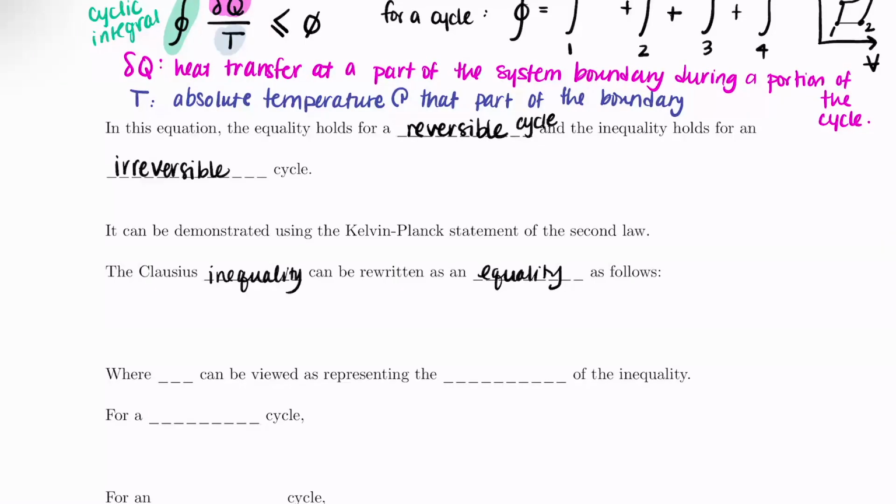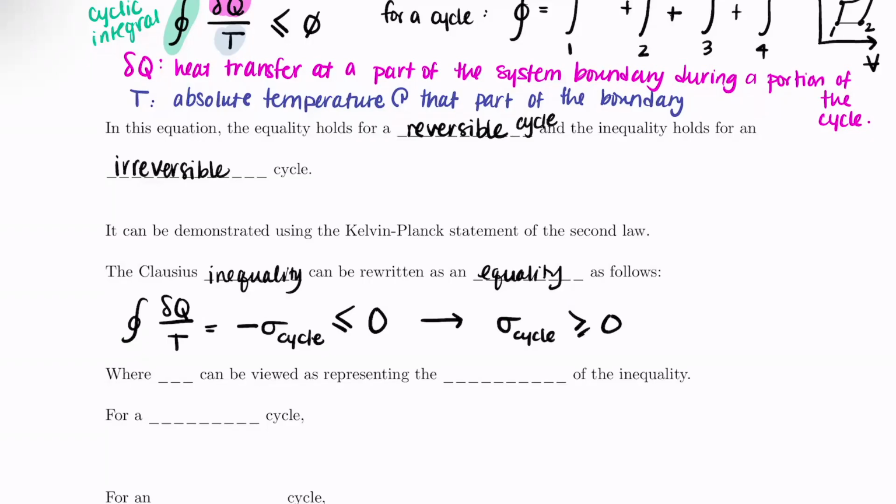So we can write this as the path integral of delta Q over T is equal to negative sigma for the cycle, where sigma for the cycle is then greater than or equal to 0. Okay, so this is just a little bit of semantics. So we're just going to say that our integral is equal to this quantity, and the inequality is kind of buried into that quantity sigma.